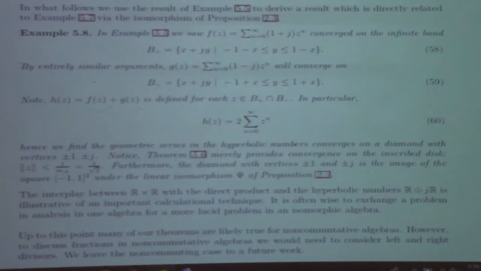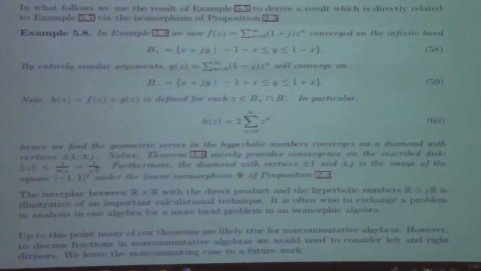Example 5.8. This is kind of a neat mixture of things. It's 1 plus j times z to the n, and so I proved that basically it converges. We proved it converges on this infinite band. Entirely similar arguments would show you that this converges on that infinite band. So these both converge on these slanted bands, one like that, one like that.